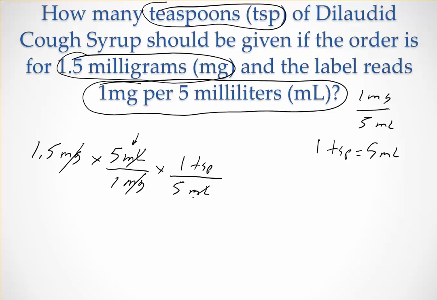That cancels out, and we're left with 1.5 teaspoons. Now this problem was using a factor of 5, and our conversion for teaspoon is a factor of 5. So you don't just cancel things out and say, okay, it's just 1.5 teaspoons. This problem just happened to work out like that, but you won't always have those types of problems.